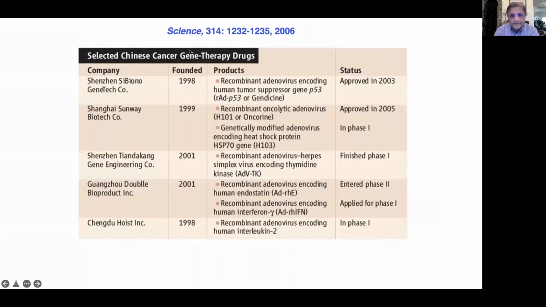Interestingly, in China, a bunch of companies were showing clinical efficacy in a number of gene therapy trials for head and neck cancer. And it was very interesting that none of these were actually peer-reviewed publications. These are all reports on their company websites. So Dr. Wilson actually insisted that this be published.